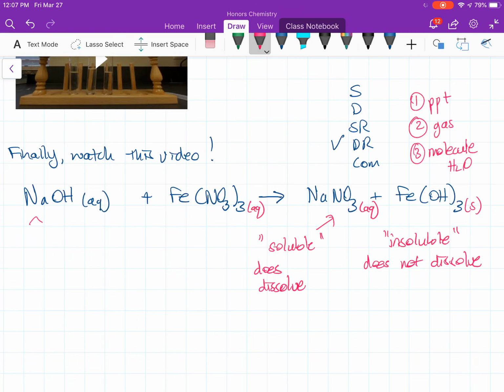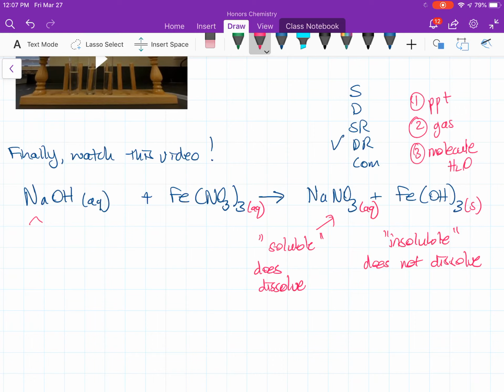Now, if you notice in the prior video that you watched with the pretty yellow precipitate, those were two aqueous solutions, and then you had your yellow precipitate, and then you had your aqueous solution. There is really a lot to think about, but if you're methodical and slow and don't try and rush this, you're really going to become good at it.